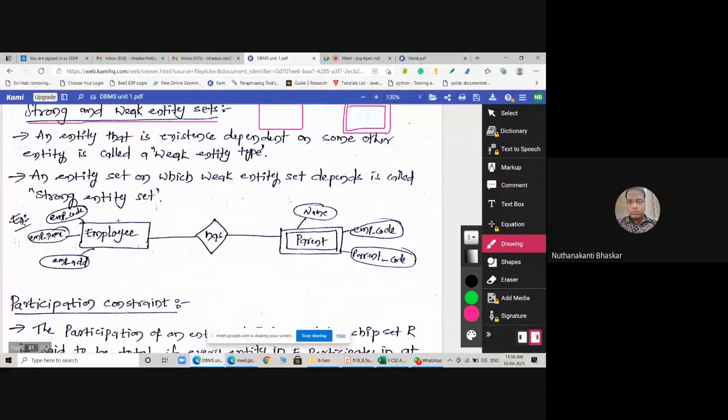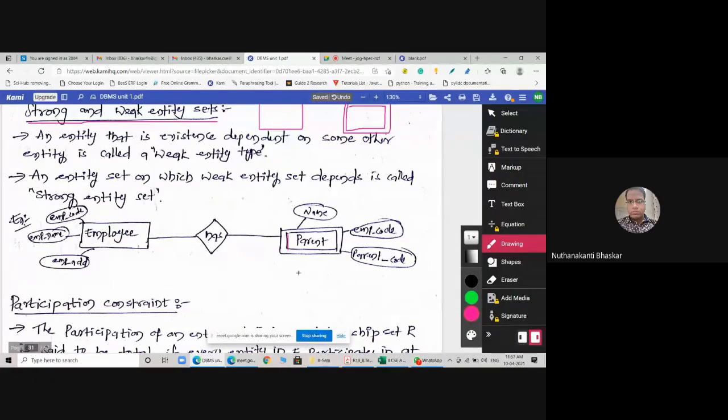Yes, sir. But coming to the parent, if the job is required for that parent to sustain their family, then in this case the parent depends on the employee.